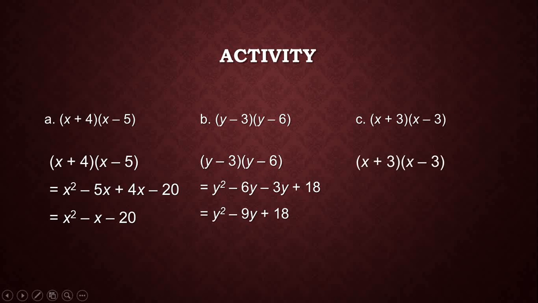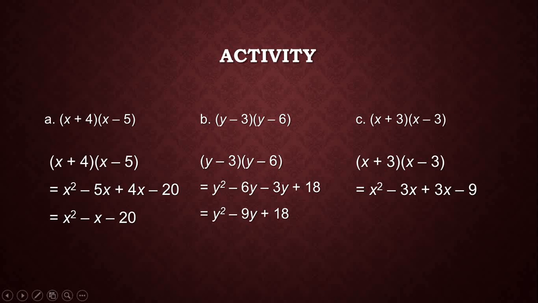Same procedure with this. X multiplied by x gives you x squared. X multiplied by negative 3 gives you negative 3x. Positive 3 multiplied by x gives you a positive 3x. And then 3 multiplied by negative 3 gives you a negative 9. These are like terms, so you add or subtract them accordingly.